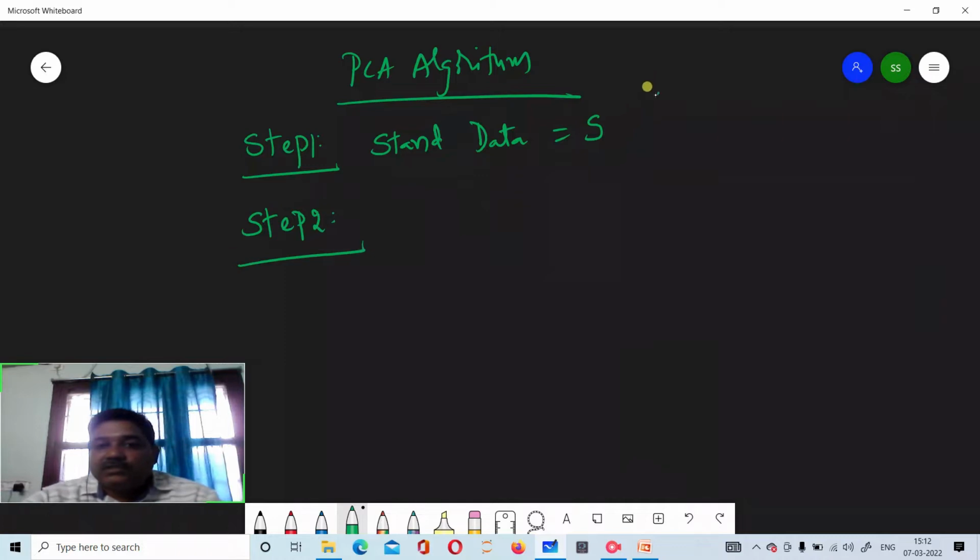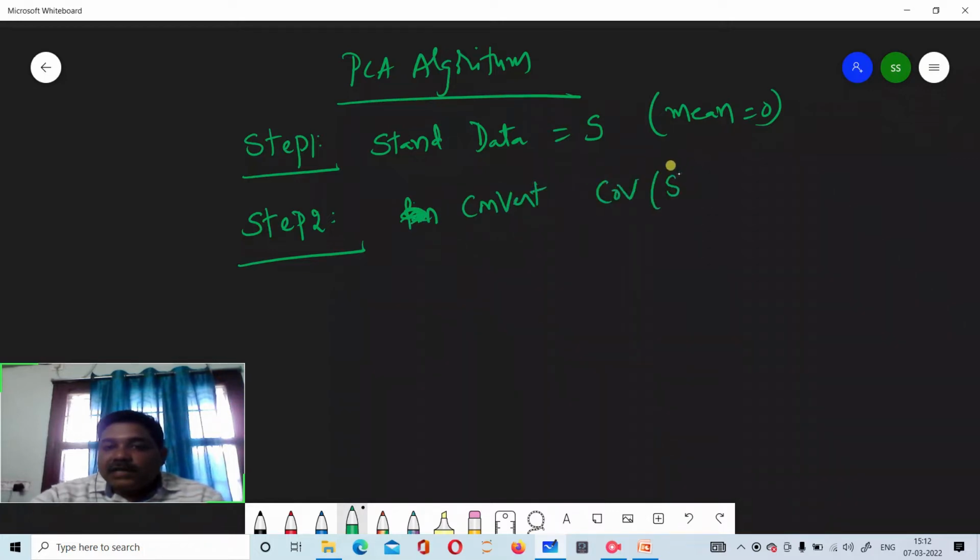Step 2: standardization means the mean of each column equals 0. Once you standardize the data, we compute the covariance matrix of the standardized data.